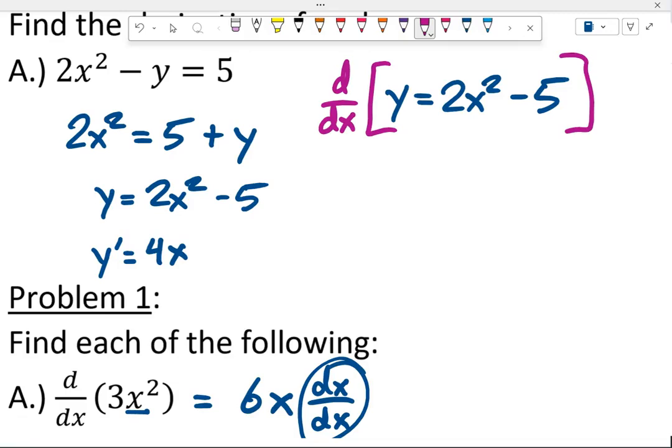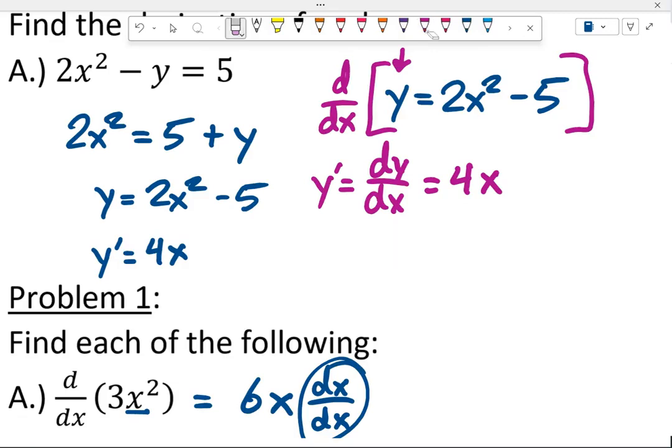But what is the derivative of y? 1 dy over dx equals 4x. That's where this dy dx comes from. And that's why we're able to say y prime is dy dx, because we have the derivative of y with respect to x.